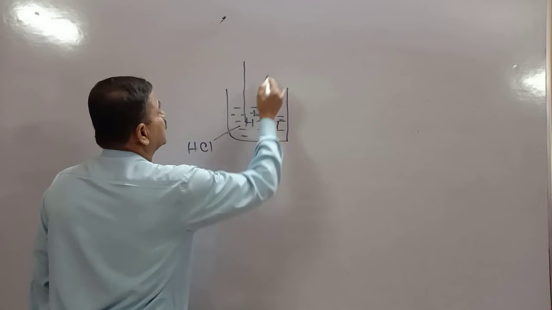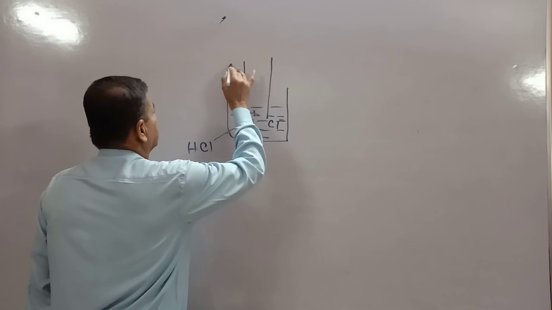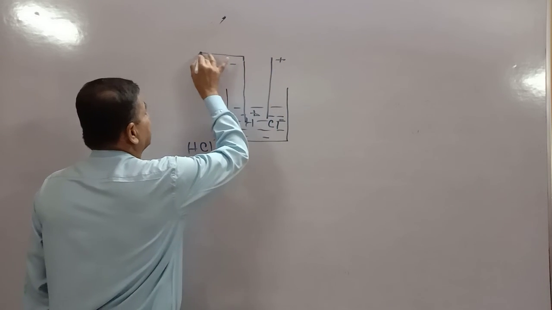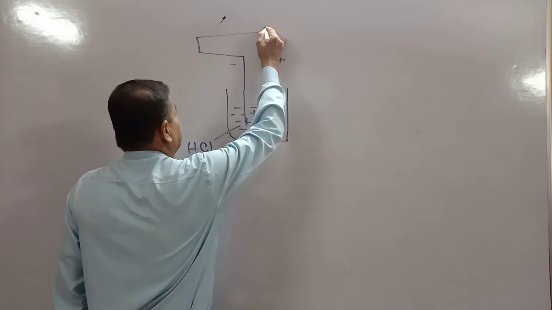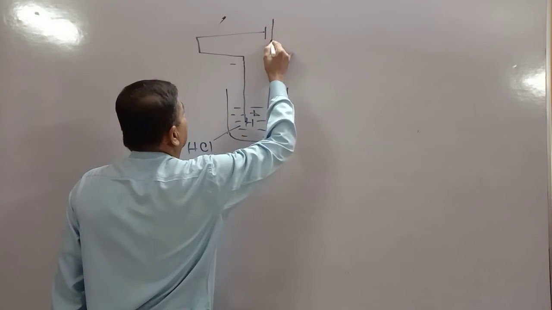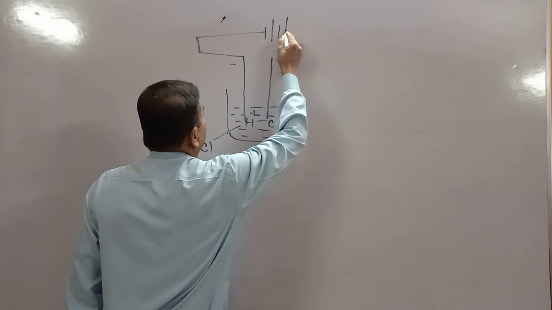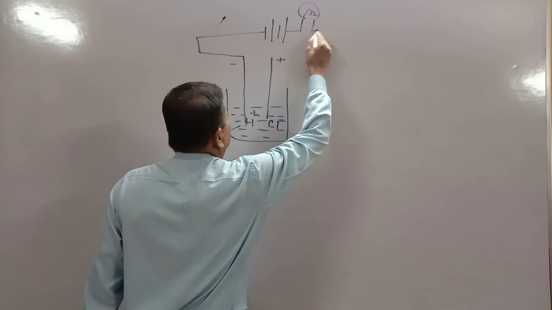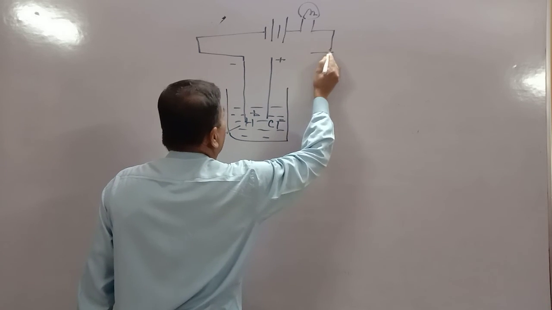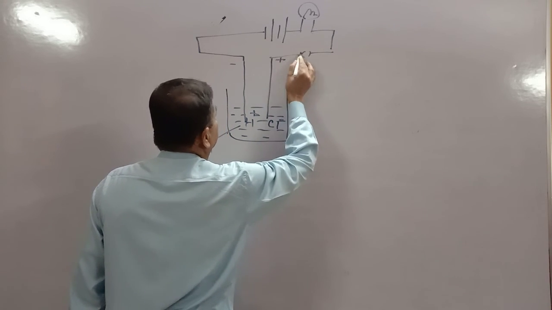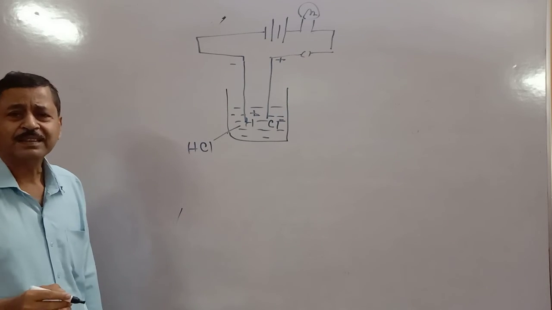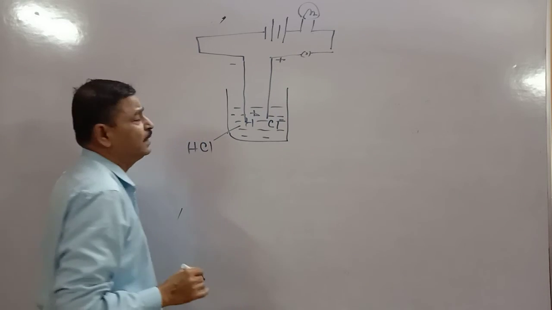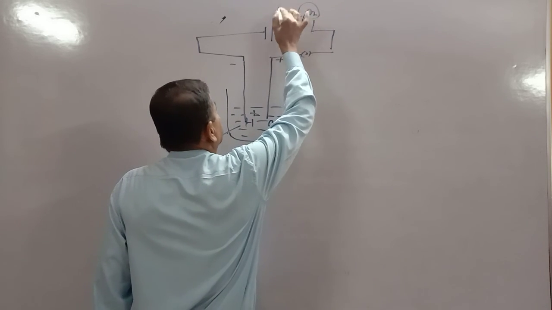We insert two electrodes, the cathode and the anode, and connect them in a circuit with a battery, a bulb, and a plug key. When the circuit is completed and the plug key is inserted, the bulb glows.